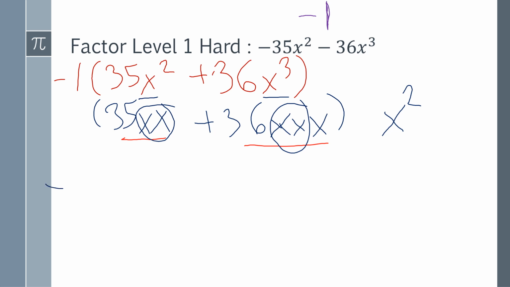So it's going to be negative 1x squared times, well, there ain't no 35x, plus 35, plus 36x.